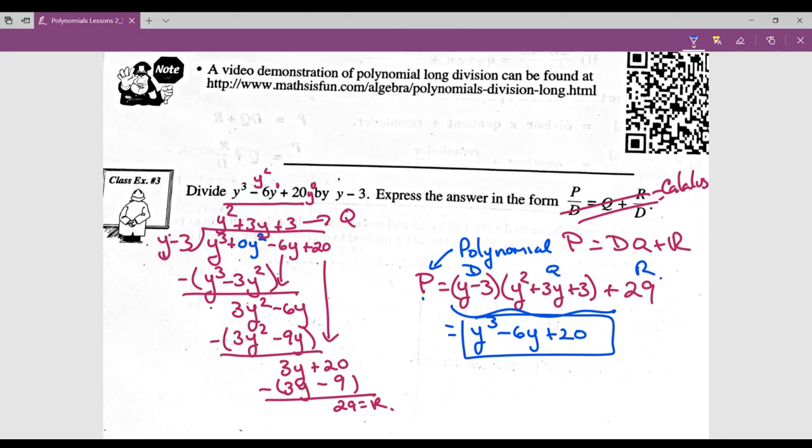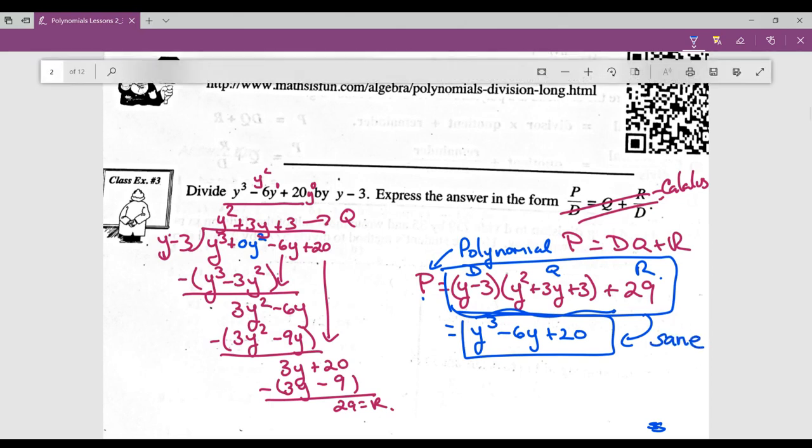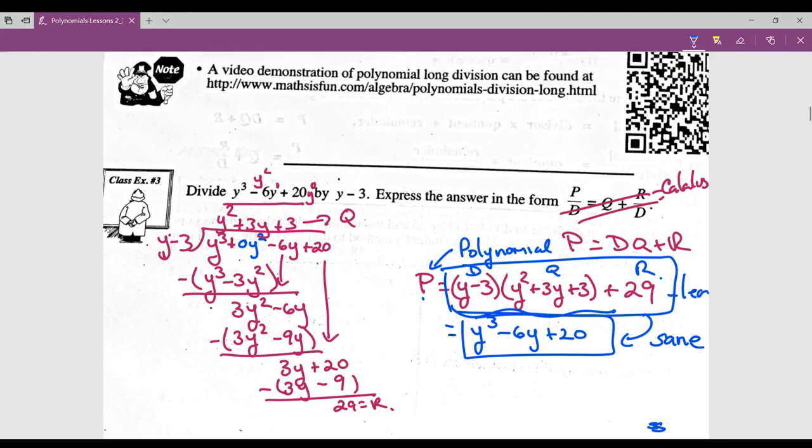So this bit right here is the same as that. But we don't do that. We leave it in the dq plus r form.